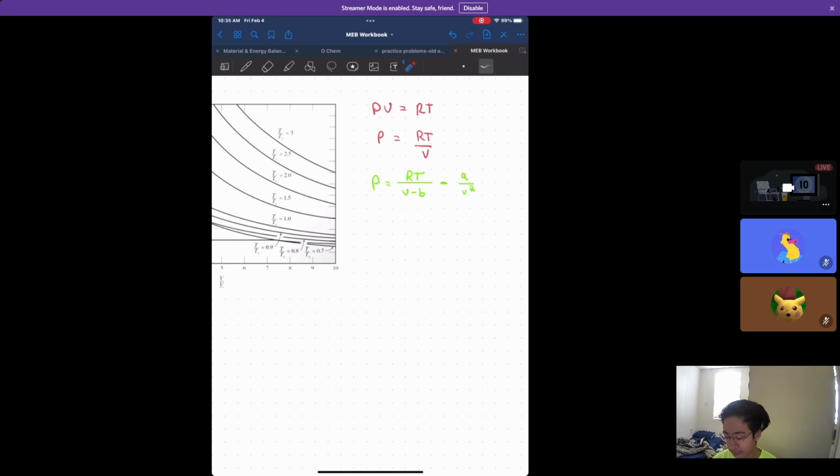But how do we find a and b? Well, the really smart thing is it's not completely through experimentally determined data where we just go through and test every value of P, T, or V. One important caveat to mention now is that V is not volume. V is specific volume, in other words, the inverse of density, where 1 mole or 1 kilogram of stuff takes up a certain amount of volume.